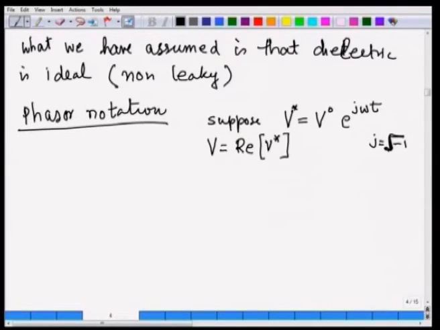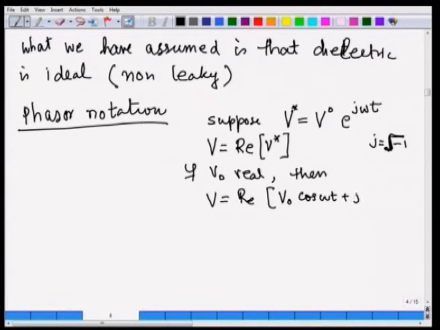For example, if V0 is real, then you can write the actual voltage V as the real part of V0 cos omega t plus V0 j sin omega t, and so V will simply be V0 cos omega t.